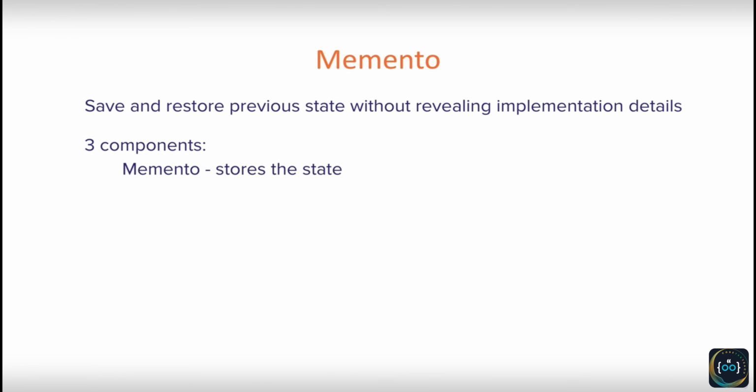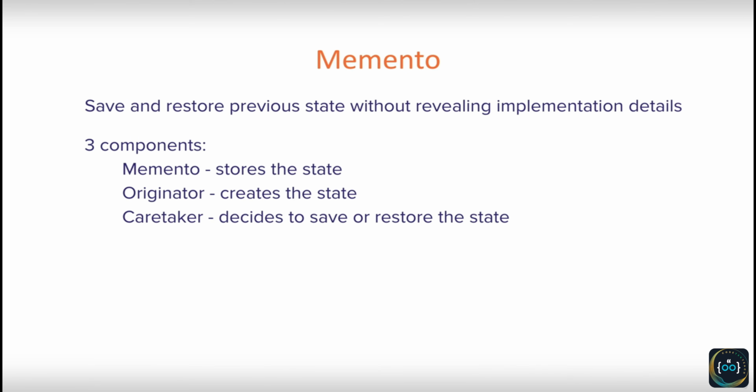We have three main components. First of all, we have the memento, which stores the state, which is the implementation or the details of what has been done. We have the originator, which creates the state, and we have the caretaker, which decides to save or restore the state. So the caretaker will allow us to move forwards or backwards in the chain.